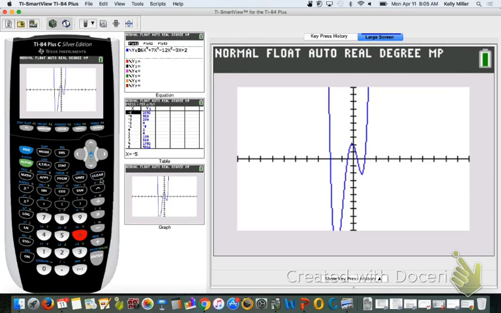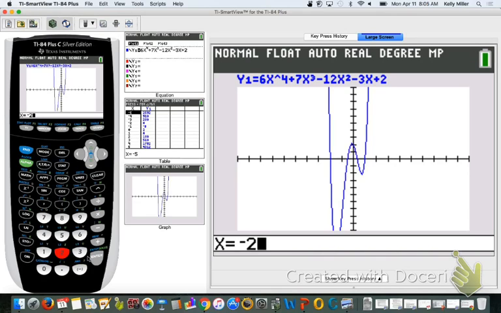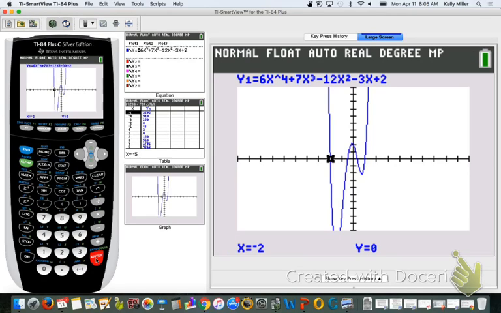To check it for sure, if you hit the trace button and then type in -2, does it come up with your y being 0? Yeah, so we know for sure that that is one of my zeros. And I know for sure that 1 is one of my zeros.